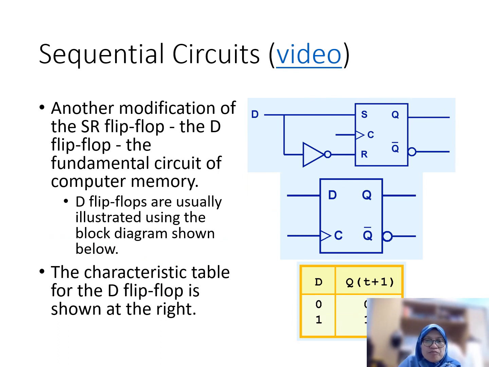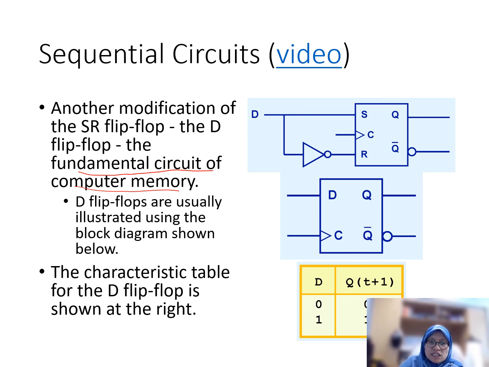This is what it looks like for another modification of the SR flip-flop, which is called the D flip-flop. The D flip-flop is the fundamental circuit of computer memory. It's usually used in static RAM, static RAM on the cache, because it's the basic circuit of a computer memory.